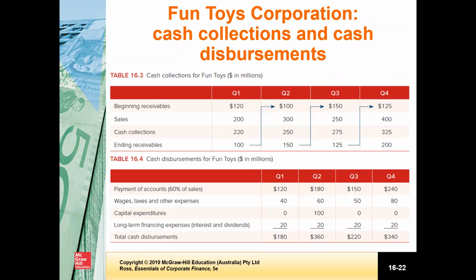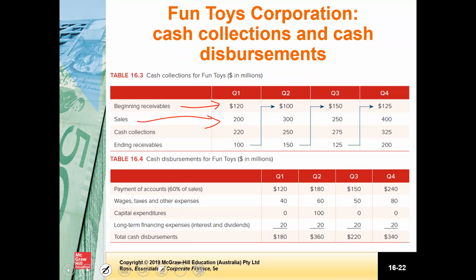Okay, so now you can see the cash collection first of all. So what we have is, you can see, is the beginning receivables that we were given. We were also given sales, 200. And then cash collection is calculated using the formula that I have shown you in the previous slides, that collections are the beginning receivables, for example, here, which is 120 plus half into sales.